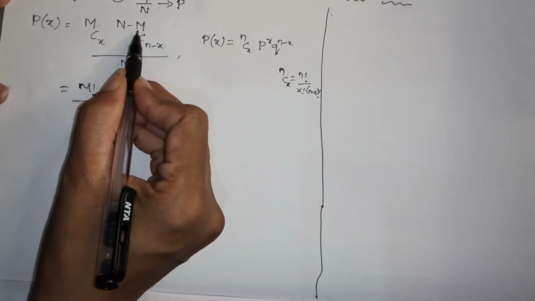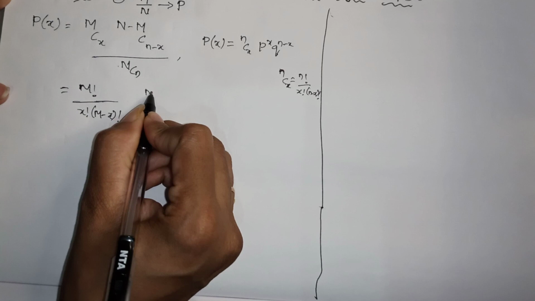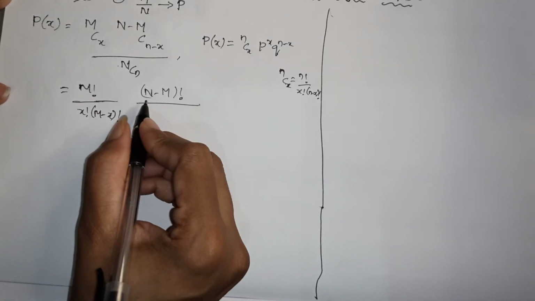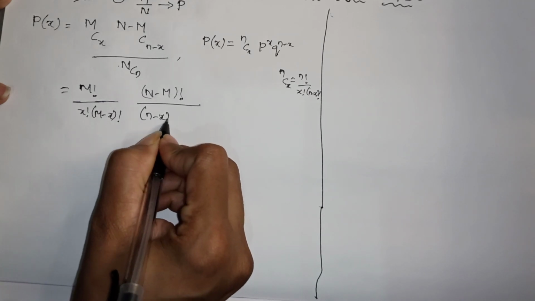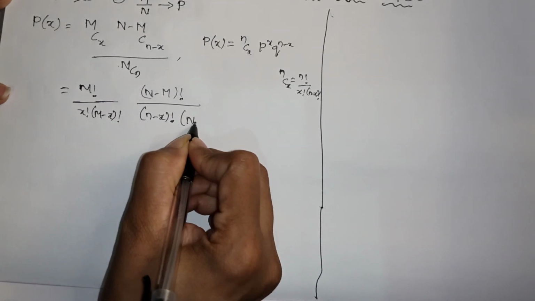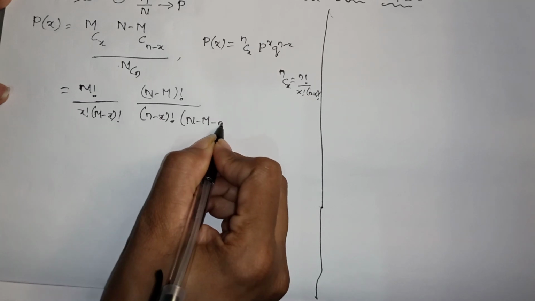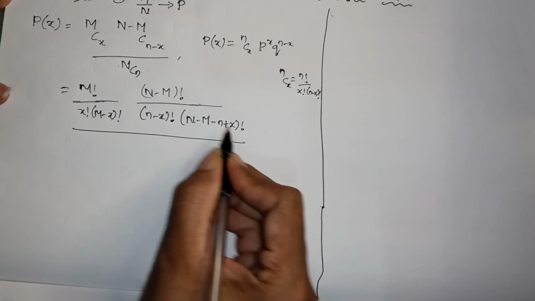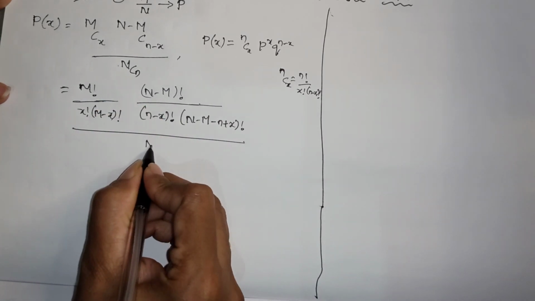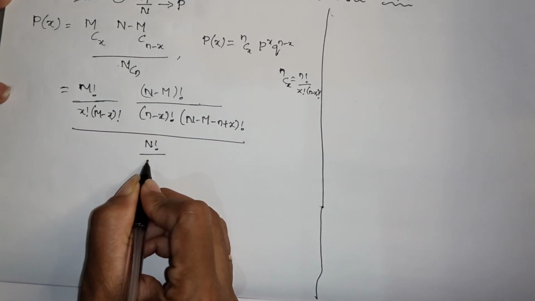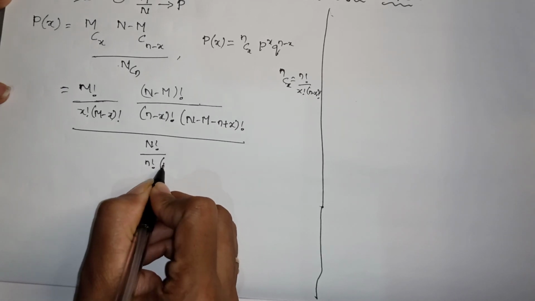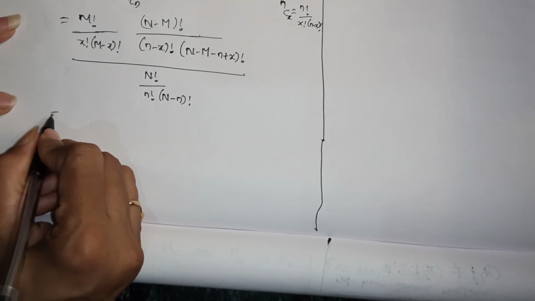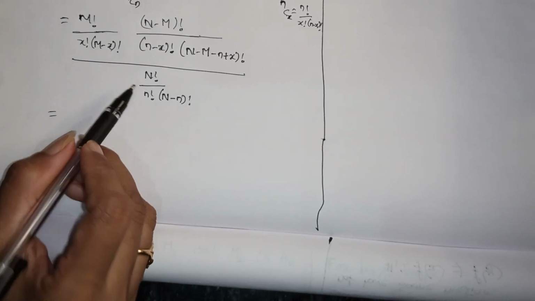In the same way, N minus M factorial by n minus x factorial into N minus M minus n plus x factorial, whole by NCn, which is N factorial by small n factorial into capital N minus small n factorial.